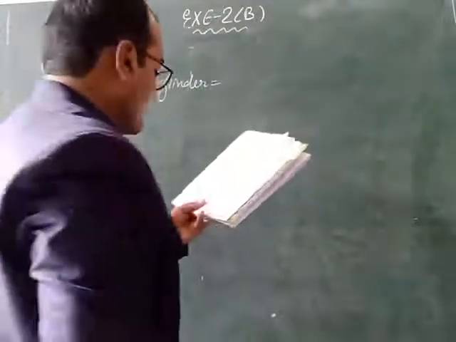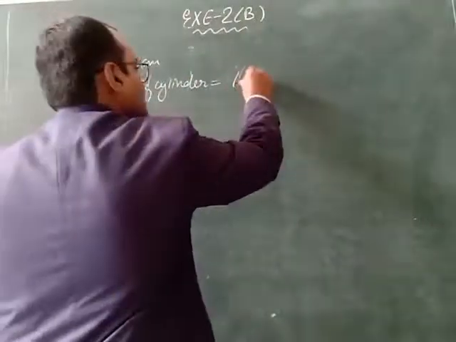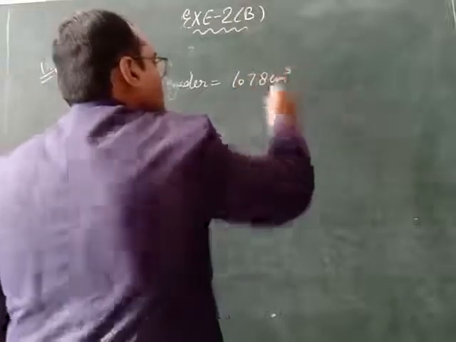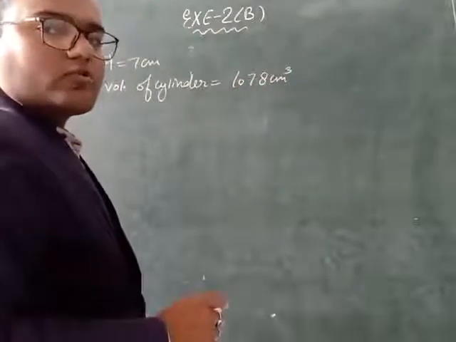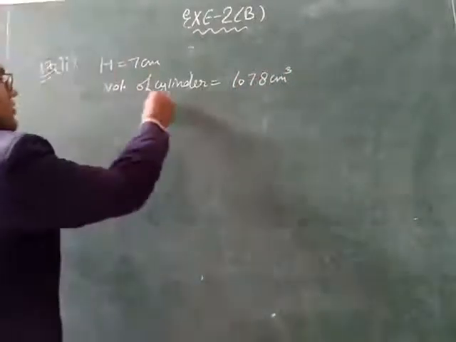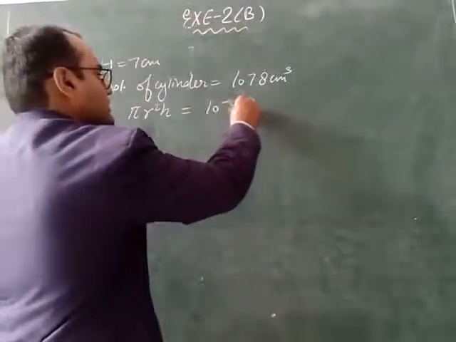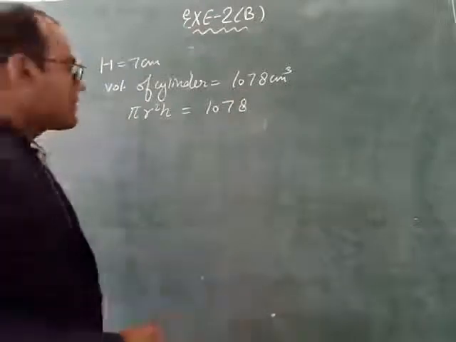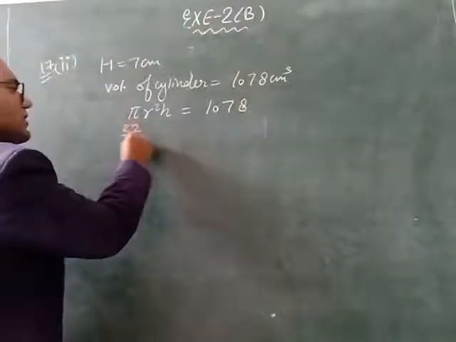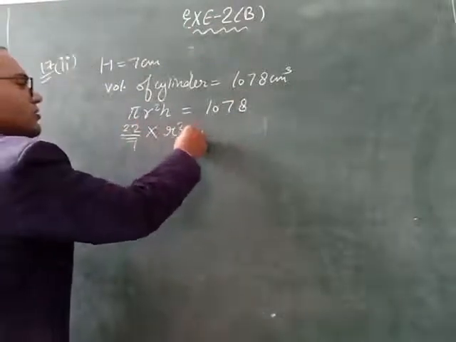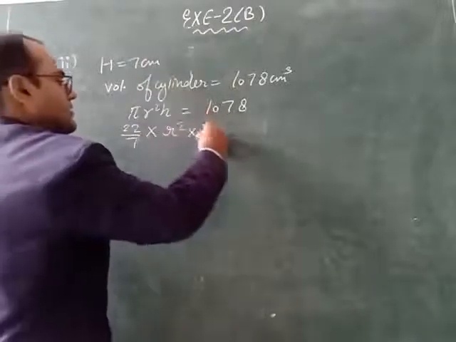Cylinder volume is 1078 centimeter cube. So under this volume we have to use the formula. The formula for volume of a cylinder is pi r square h is equal to 1078. Pi value is 22 upon 7. Radius we don't know. H is 7.